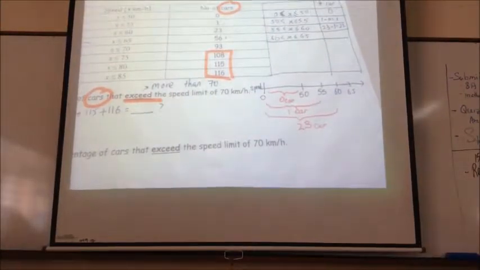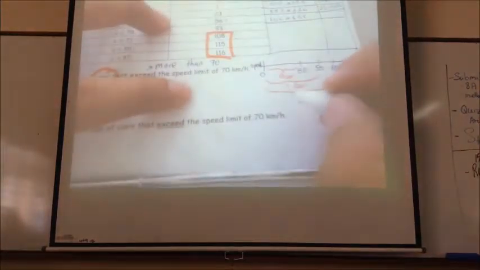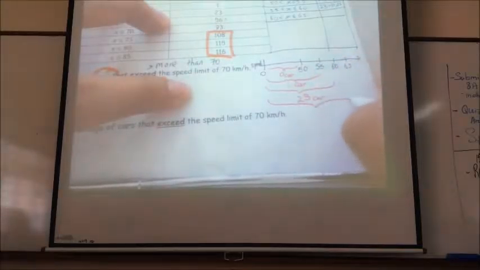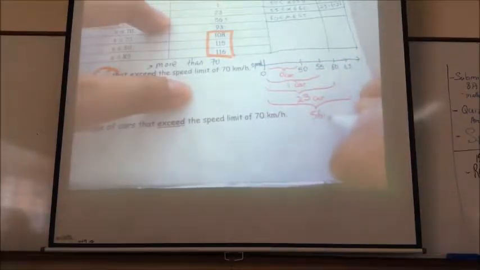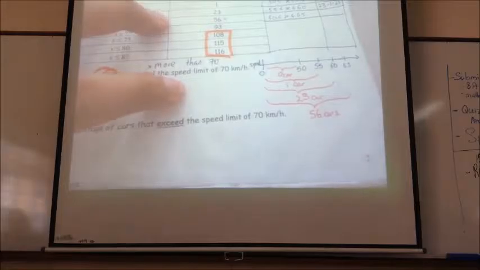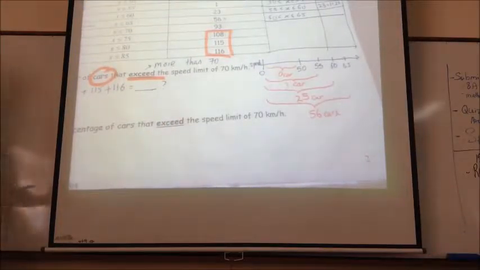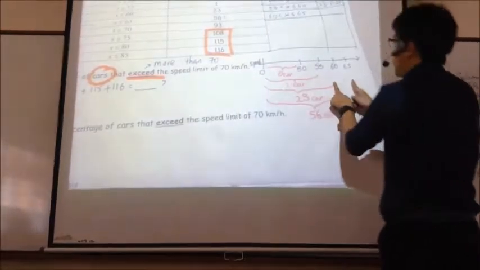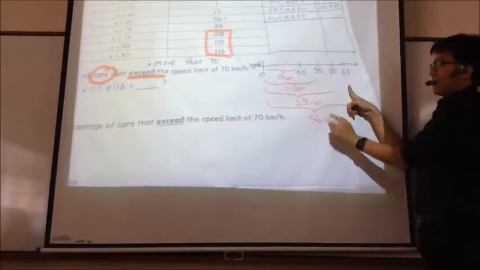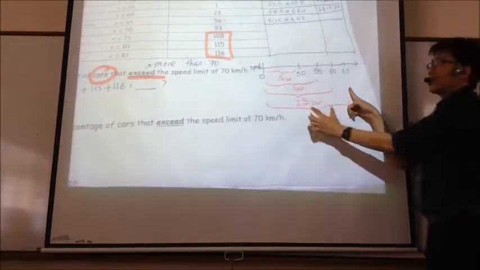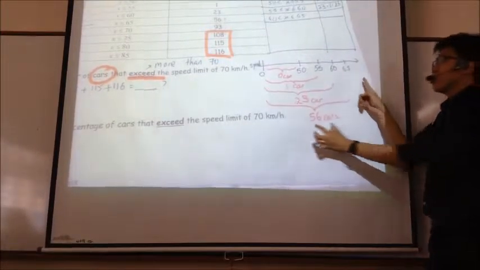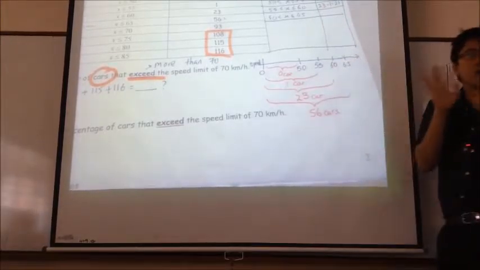56. So from 0, this is 56 cars. My question is 60 to 65. 56 minus 23. Can you understand? So do you minus the 22? No, you don't.